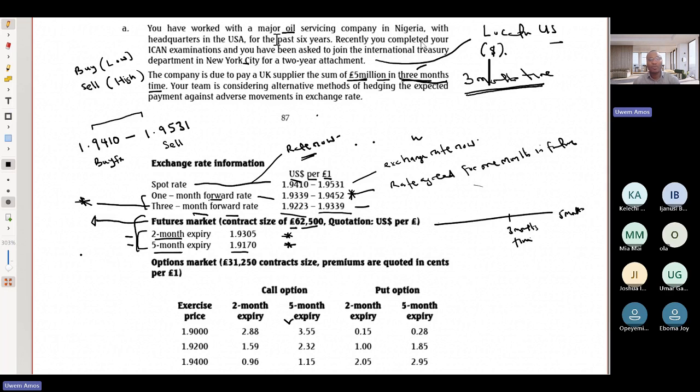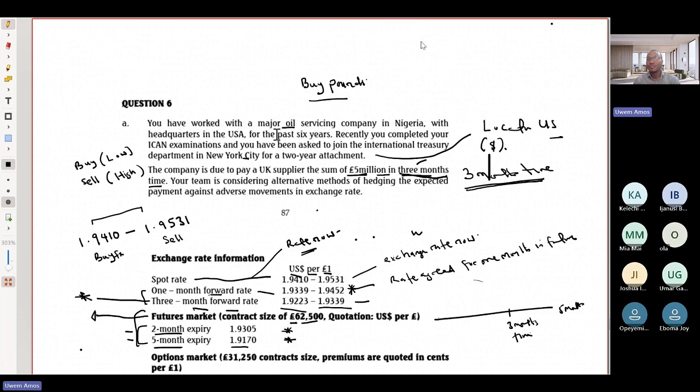The same thing happens in the dollar market. It's like every other business out there. So if the oil servicing firm needs to pay a UK supplier £5 million, it means that they need to buy pounds, because the US firm doesn't have pounds, they use dollars. So they need to buy pounds.